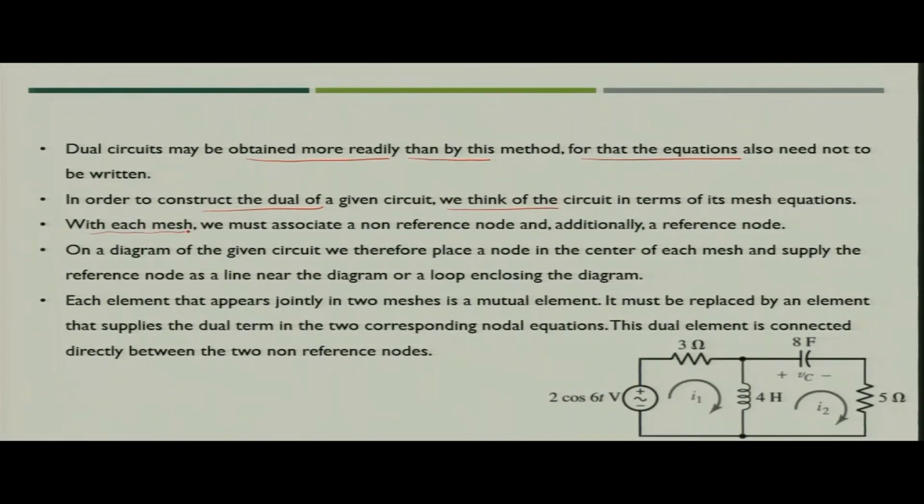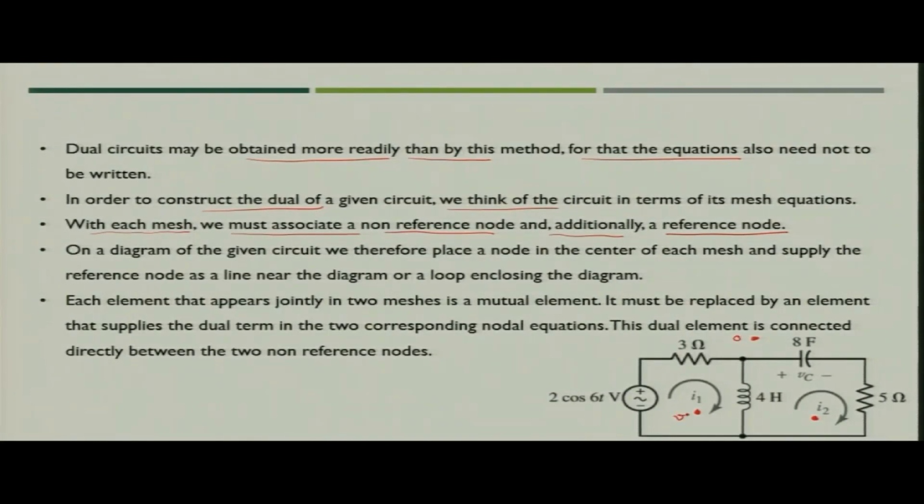With each mesh we must associate one non-reference node, and additionally a reference node. There are two meshes in the circuit. So, for each mesh, let us assume there is one node in each of the meshes, and there is one reference node also.